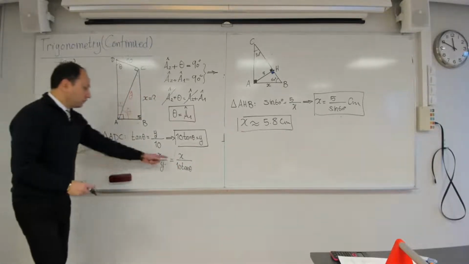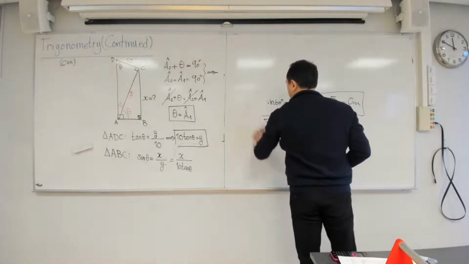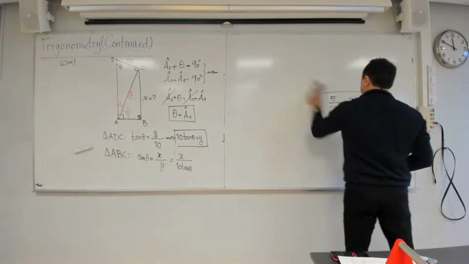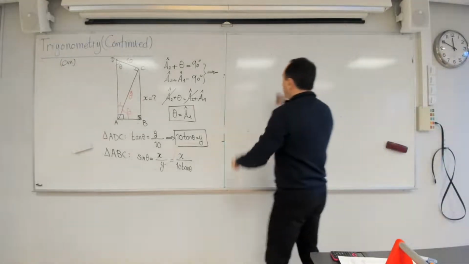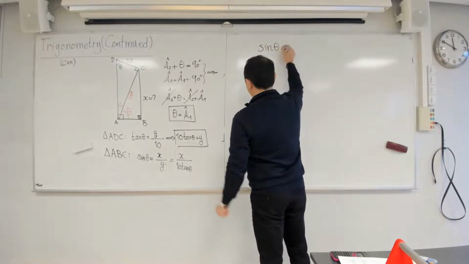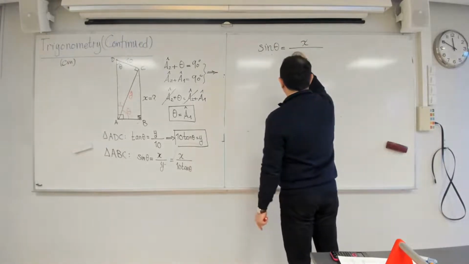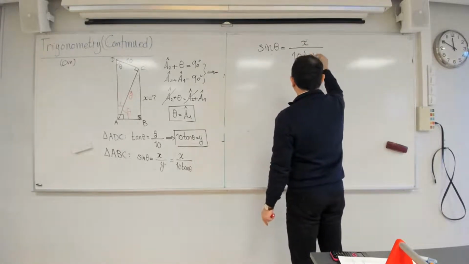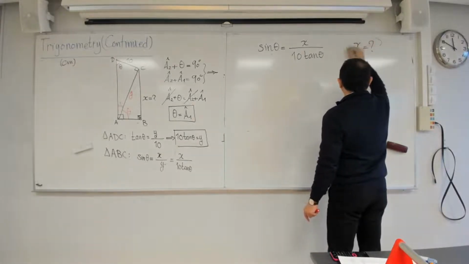Okay, let me write what I have on top here. So I got this relation. Sine theta is equal to x in the numerator, 10 times tangent theta in the denominator. My goal is to find x.